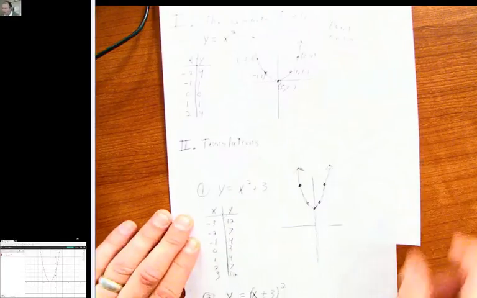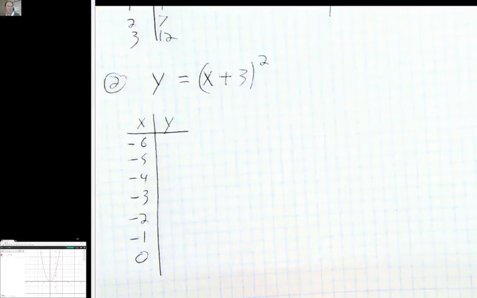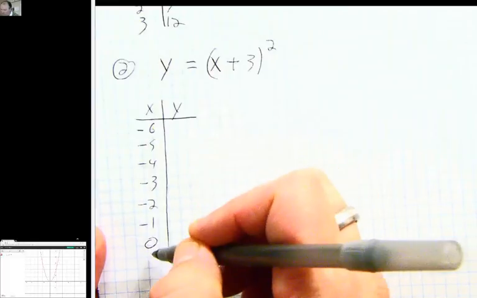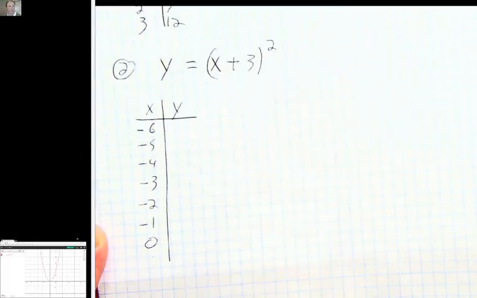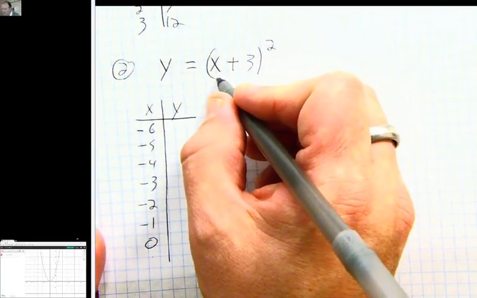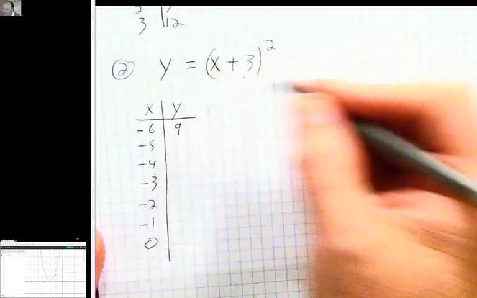Okay. What if I tried y equals x plus 3, in parentheses, squared? This time, I'm going to graph it between -6 and 0. I'm doing that because I'm the teacher and I have inside information about this problem. If I plug -6 into this, -6 plus 3 is -3. If I square -3, that's +9.